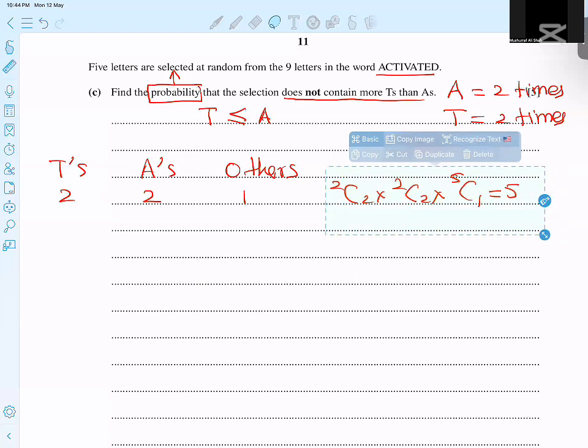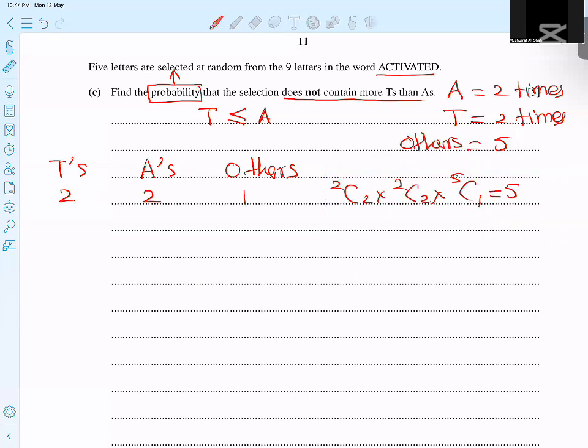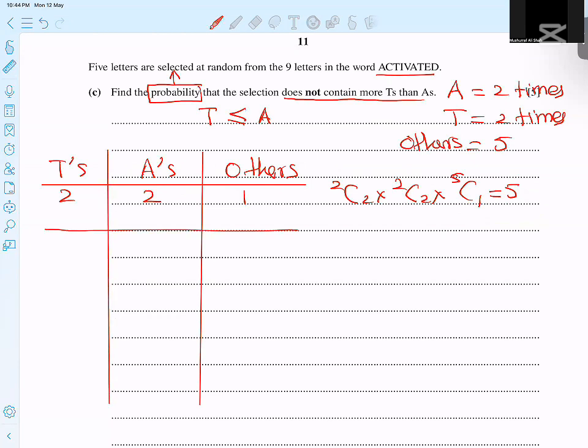So let me go for option number 2. Let's make a line here. This is better to understand, as there is a lot of mix-up chance. Second option: as I said, T can be less. If T is reduced by 1, A remains 2. And I need 5, so 2 more.